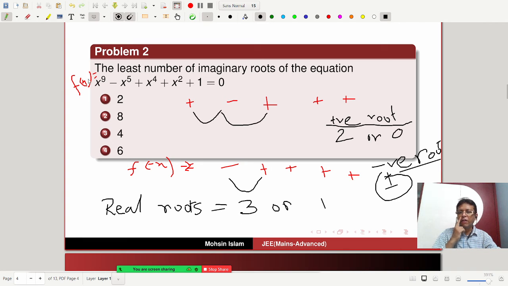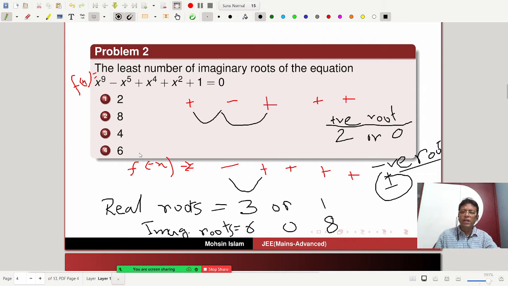The degree of the polynomial is 9, so it must have 9 roots. The other roots must be complex, so the imaginary roots will be 6 or 8.